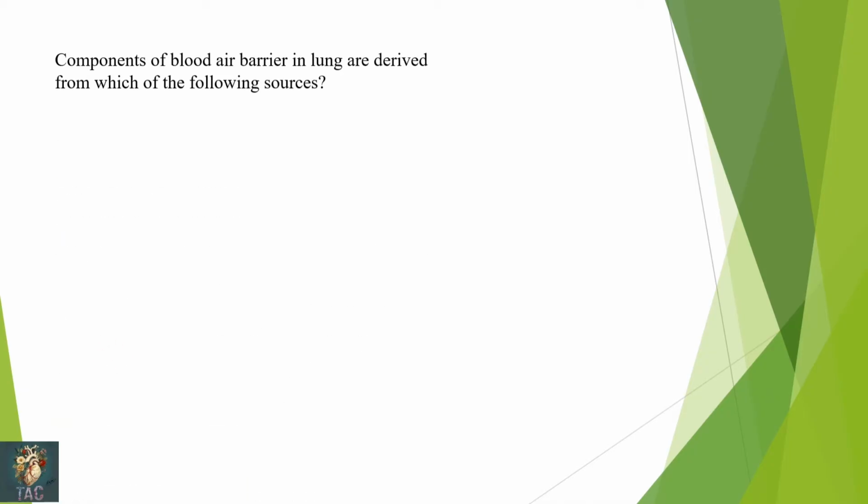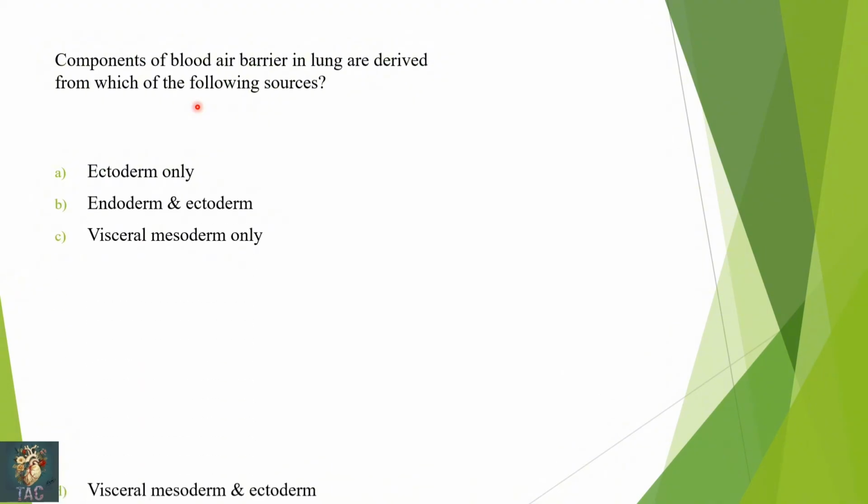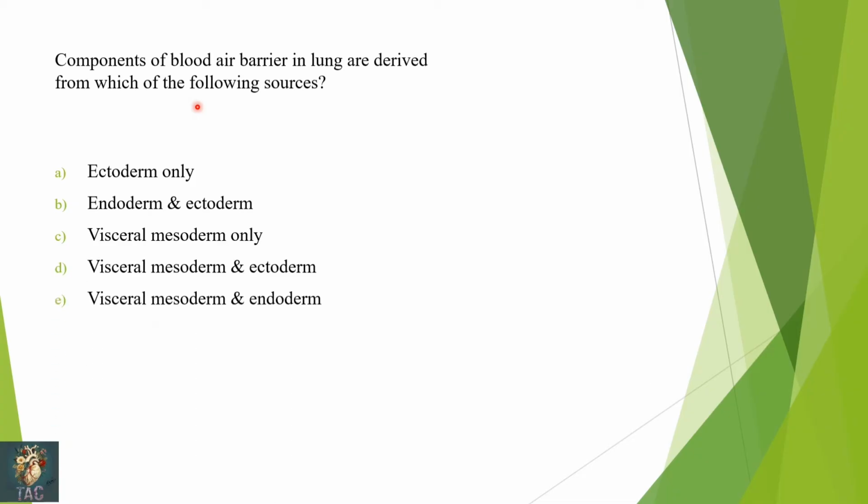Next is: components of the blood-air barrier in the lungs are derived from which of the following sources? Either ectoderm only, endoderm and ectoderm, visceral mesoderm and ectoderm, or visceral mesoderm and endoderm. So we all know whenever we describe that the respiratory system is derived from the endoderm, we are discussing the development of its epithelial lining.